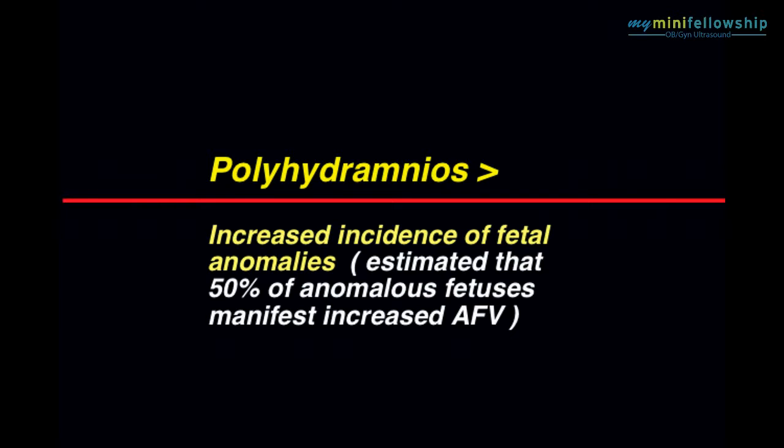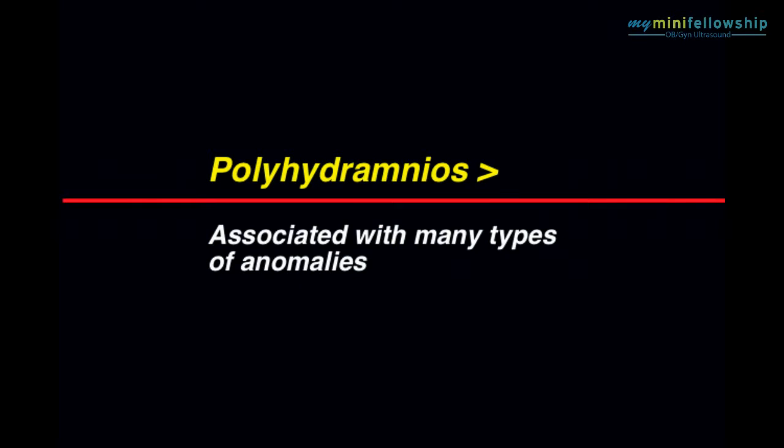Myelomeningoceles occur in 1 in 1,600 pregnancies. But here we have a feature which could point the way to half of all anomalous fetuses. Phenomenal. But the problem is it's associated with many types of anomalies. The broadest spectrum of anomalies that I see under any circumstance as a prenatal diagnostician.